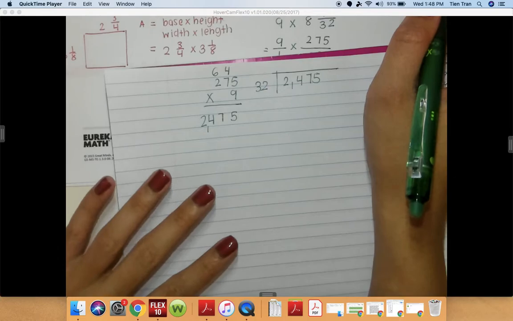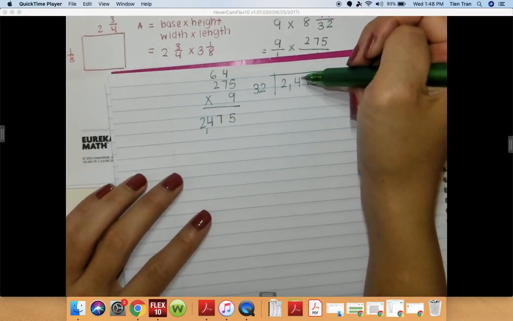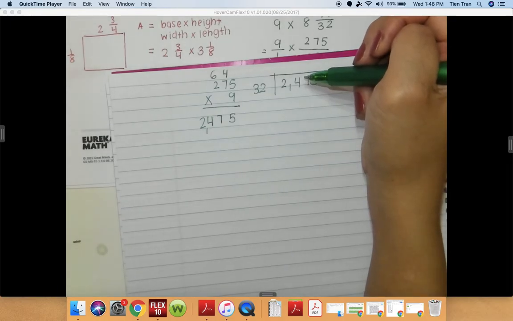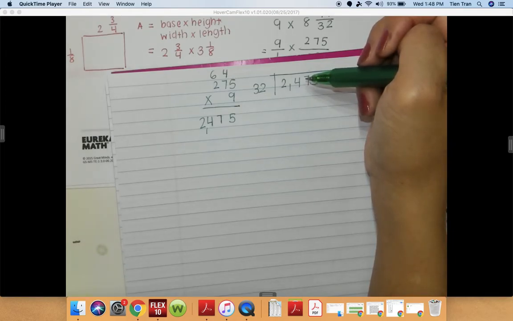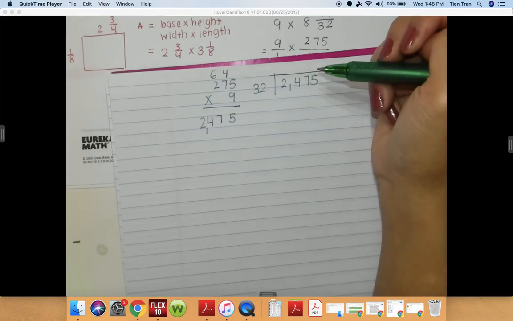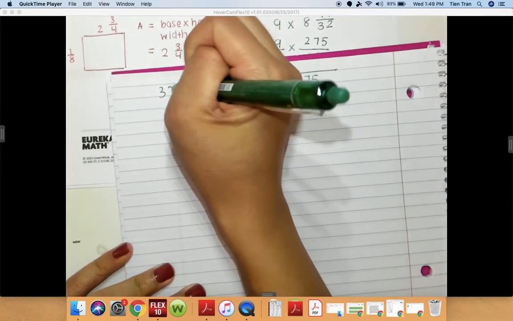It doesn't. So I'm going to go to 247. How many times can 32 go into 247? I'm going to think about 247. It's going to be around 7.